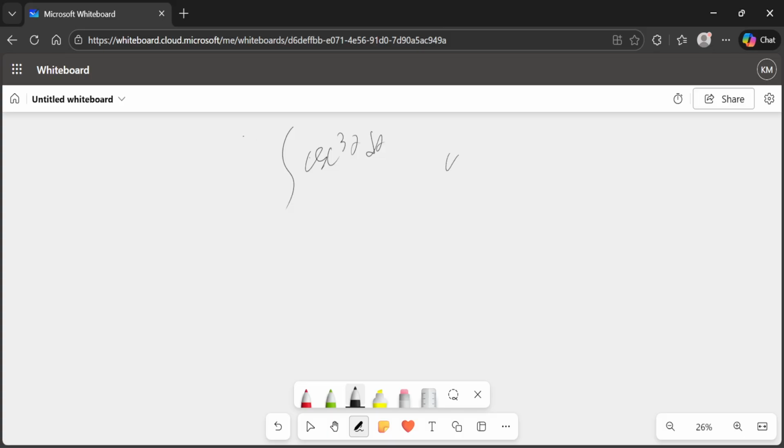Cosecant cubed theta d theta. Okay. Cotangent squared theta plus 1 equals cosecant squared theta. If I'm not mistaken, that's correct. So you put that in, you get cotangent squared theta cosecant theta plus cosecant theta d theta, which we know how to do.